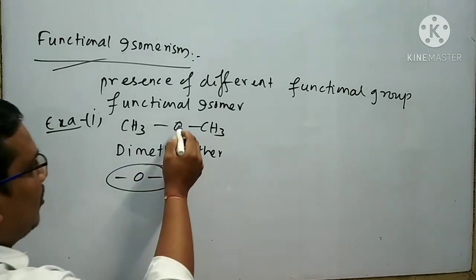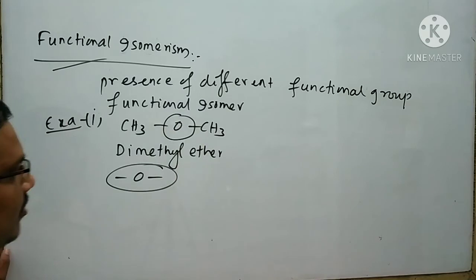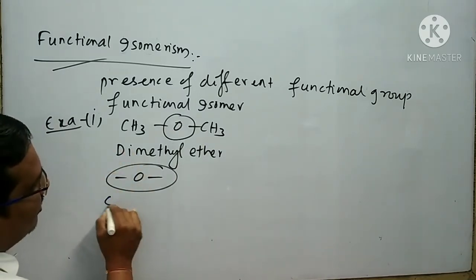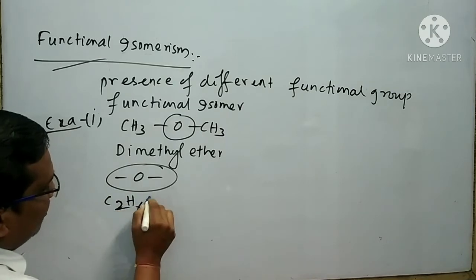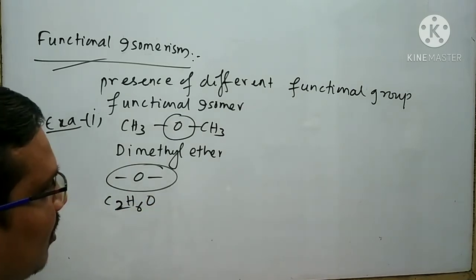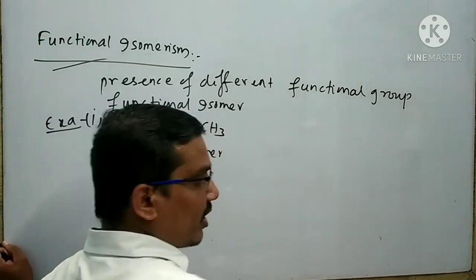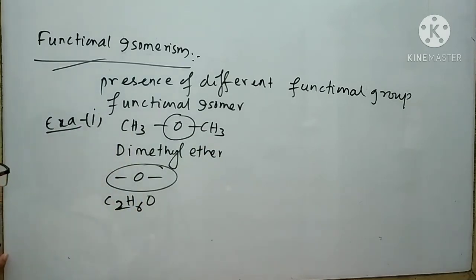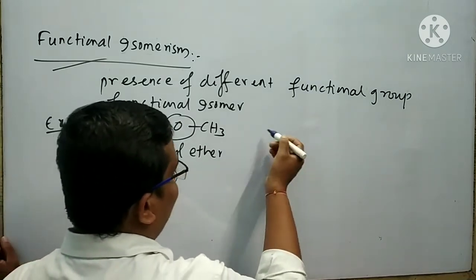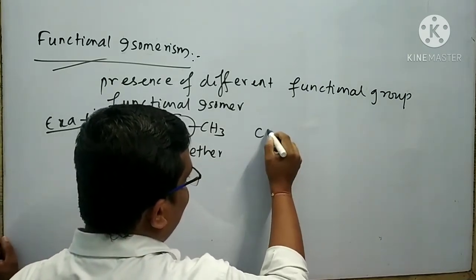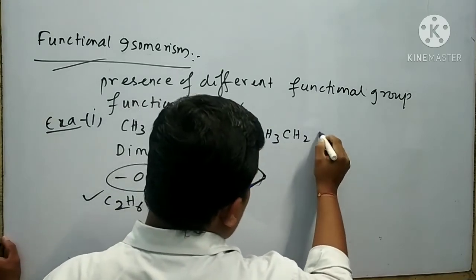This is your ether functional group. This organic compound has the formula C2H6O. Next I want to draw another organic compound which has the same formula but a different functional group. I can write the compound like this: CH3 CH2OH.